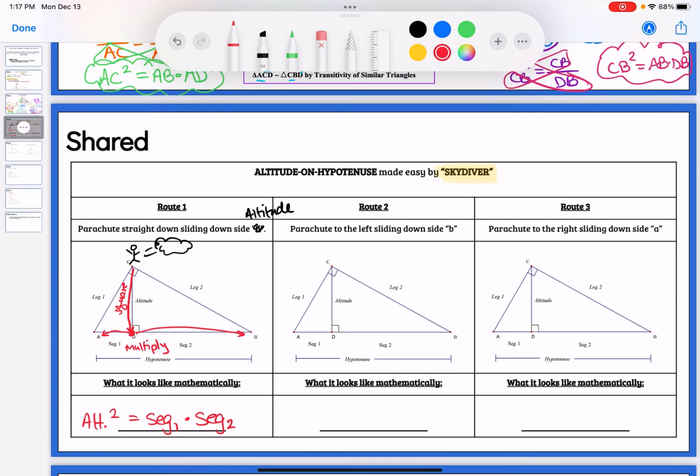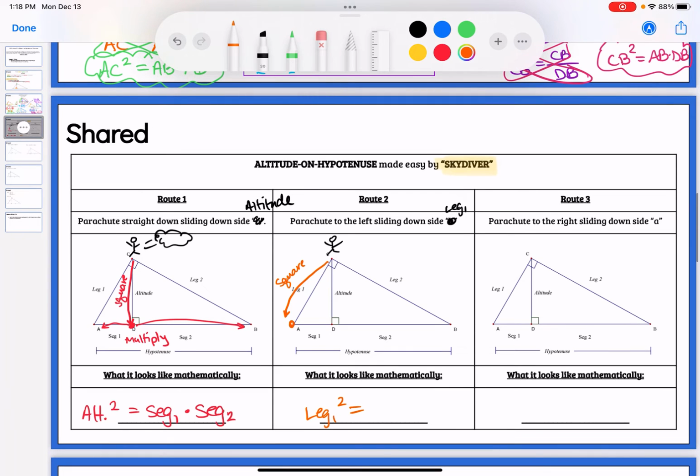Okay, so what's another one? Okay, so let's say he comes down leg 1. So here he is at the top of the mountain again, right? This time, he could come down this left-hand side, leg 1. Remember, hard coming down the mountain, so you're going to square it. So leg 1 squared equals. He's going to land here at A. Where could he walk to?